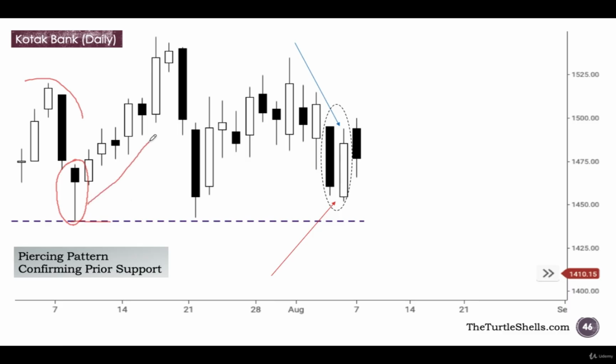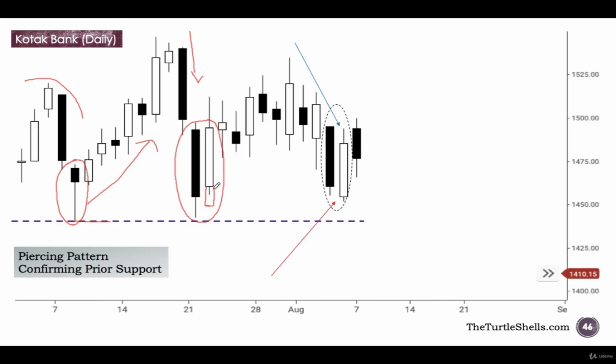The market rallies from the hammer, then falls back, crashes with two black candles, and suddenly what do you have here? This is a variation of a bullish engulfing pattern, because if this candle would have opened somewhere here, then the white real body completely engulfs the prior black real body, which makes it a perfect bullish engulfing pattern.